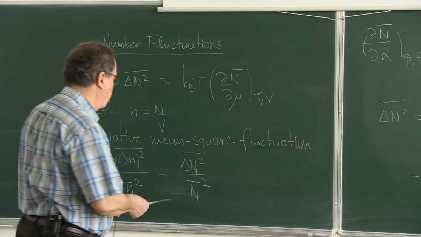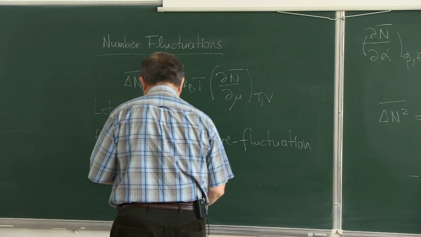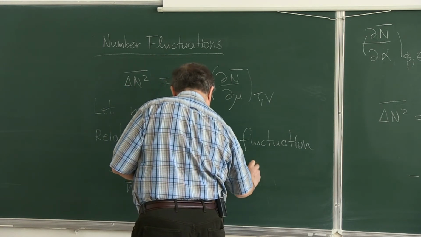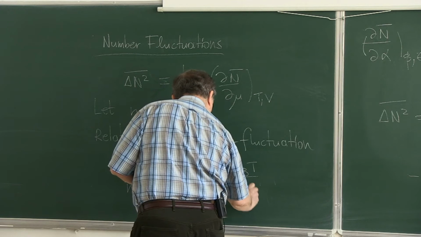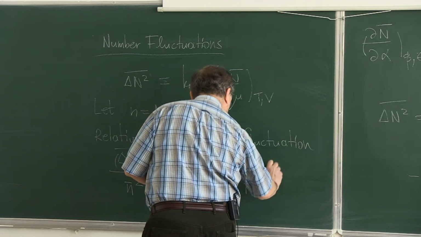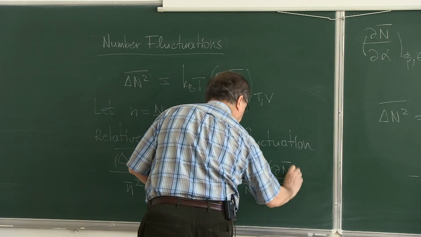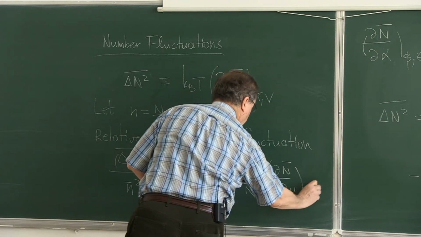Volume will cancel. And that will be again equal to kBT over n bar squared del n bar del mu at T and V.